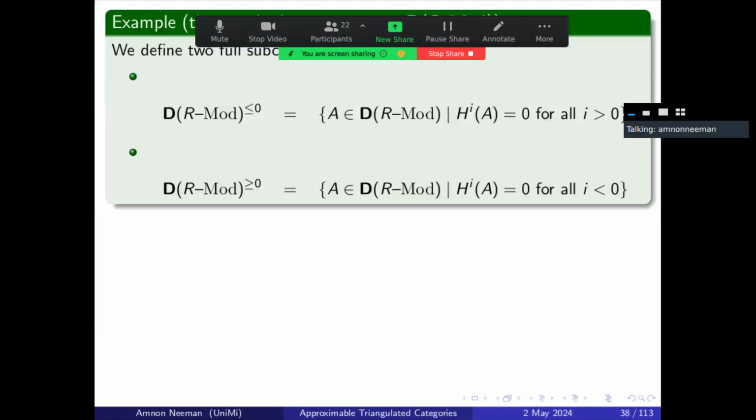Now, a t-structure. An example of a t-structure is to take the derived category of all complexes of R-modules, and you declare that the negative part consists of all the complexes with vanishing positive cohomology, and the positive part consists of those complexes with vanishing negative cohomology.